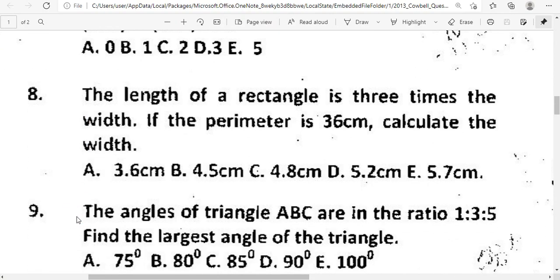Number 8. If the perimeter is 36 centimeters, 1 minute. Have you solved it? Prof, have you solved it? I solved it. What did you get? 4.5 centimeters. 4.5?